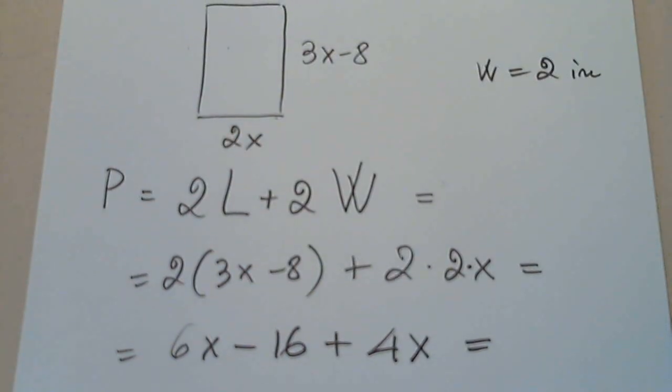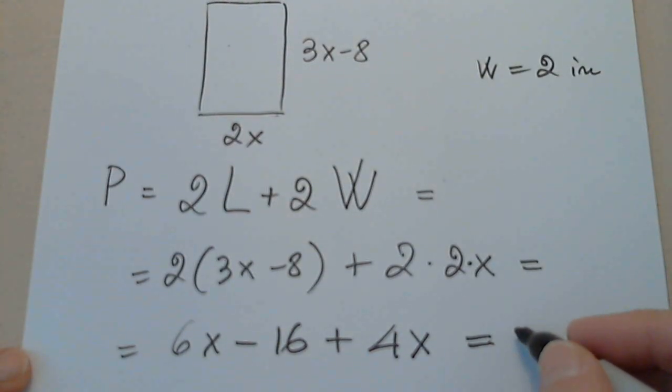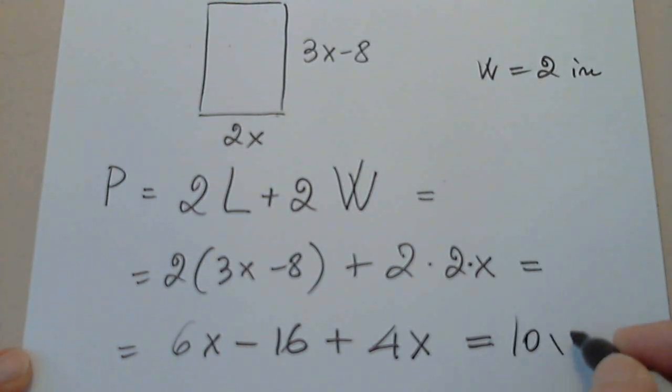We combine like terms and always present the final answer in descending order of the powers of the variable. So, what do we get? Anybody, please? 10x minus 16. Very good.